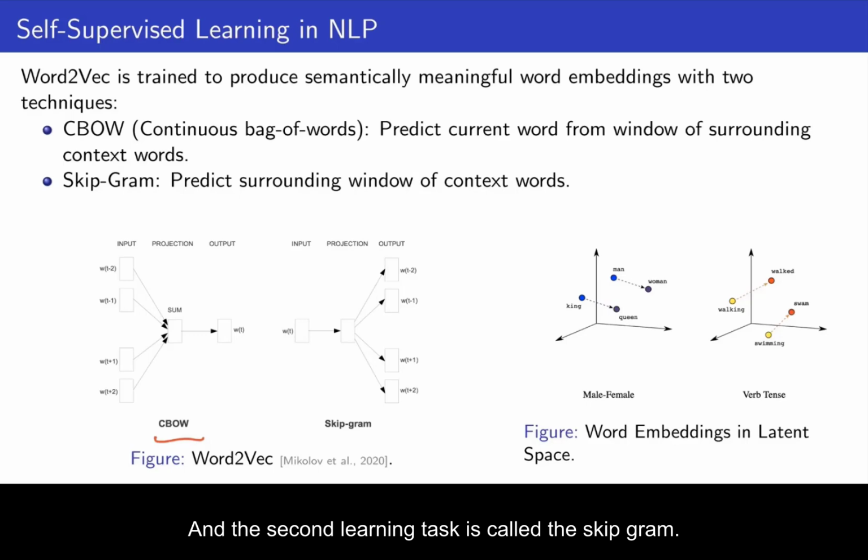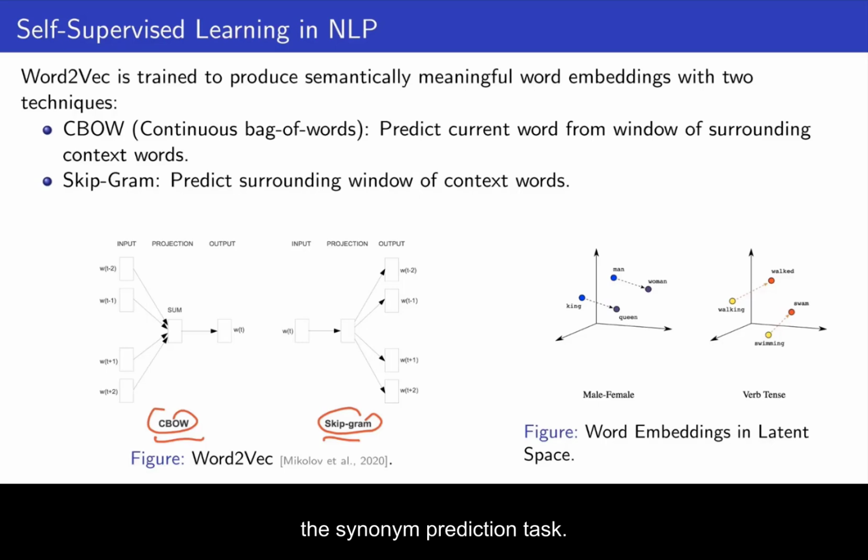The second learning task is called skipgram. This predicts parts of the sentence from a single word, which is shown on the right side of the diagram.